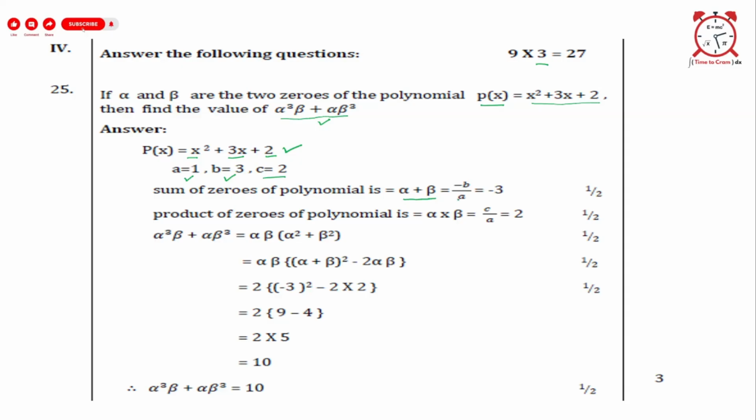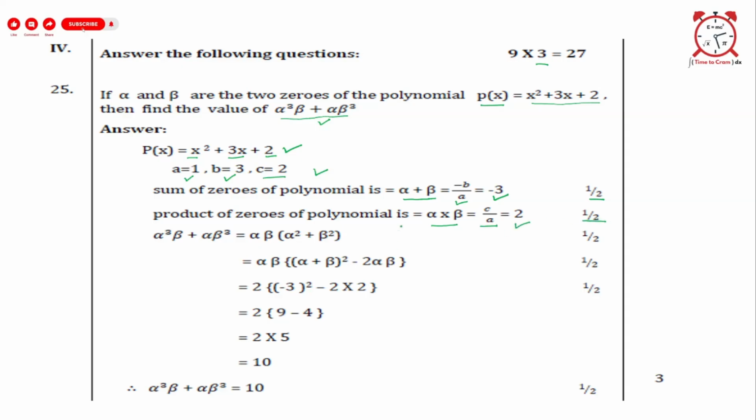The formula we know is minus b upon a. Keeping the values in this formula, we get minus 3. Look, half mark is there for this step. Now, the product of the zeros, alpha into beta, the formula is c upon a. Keeping the values, the answer is 2. Half mark.